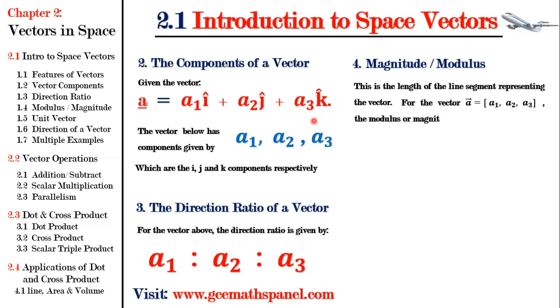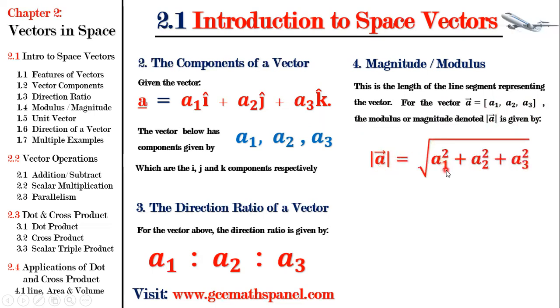For example, if you have this vector with components A1, A2, and A3, then the modulus or magnitude, which is denoted by the absolute value of that vector, is given by the modulus of A equal to the square root of the sum of squares of the components.